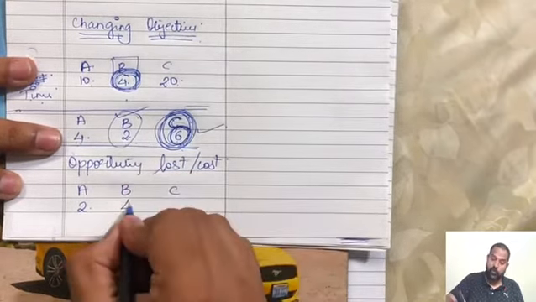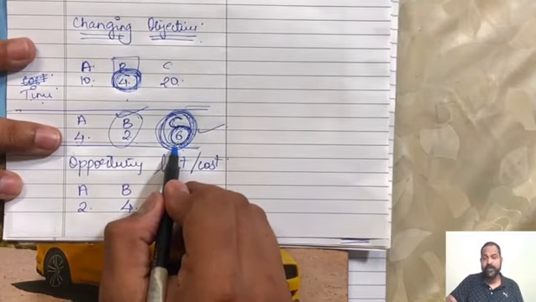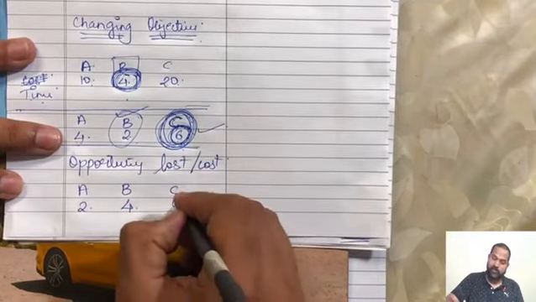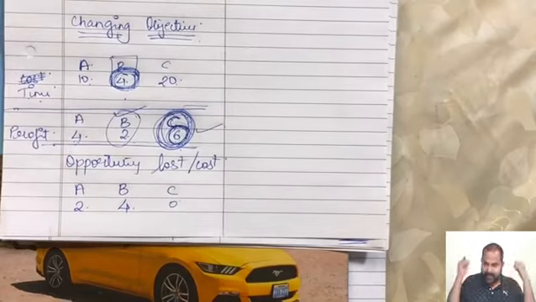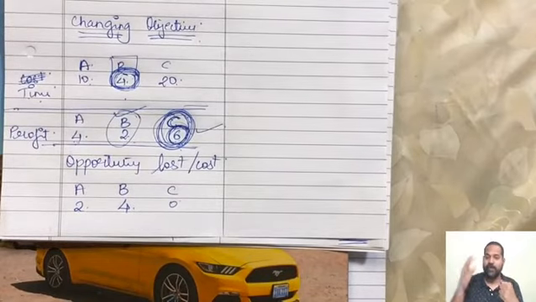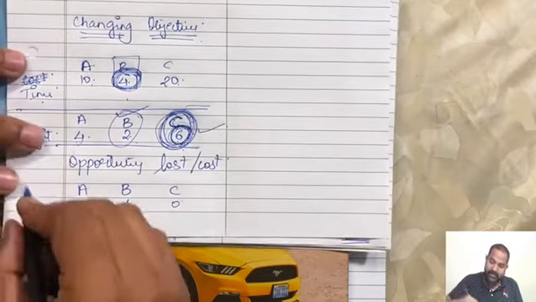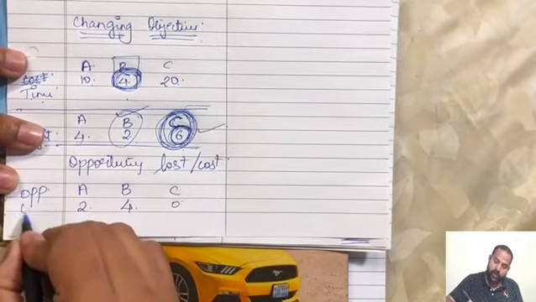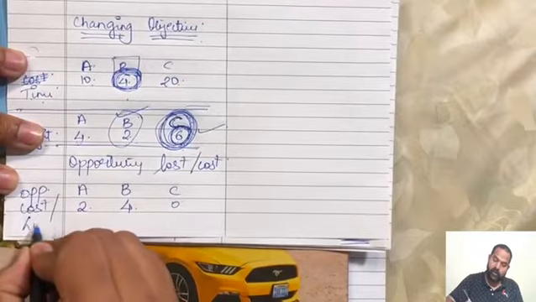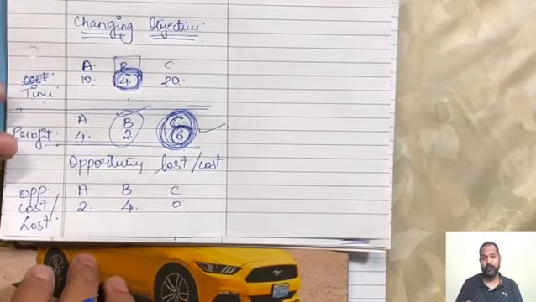Well, B is losing 4 opportunities. To make a profit of 6, how many opportunities is C losing? C does not lose any opportunities. C is grabbing all opportunities and giving me the best profit. This is an opportunity cost or an opportunity lost value.